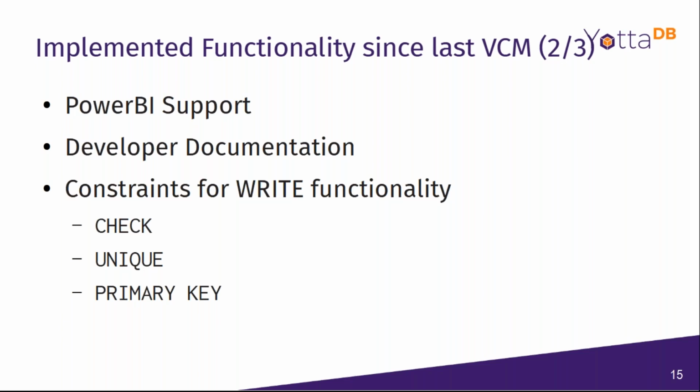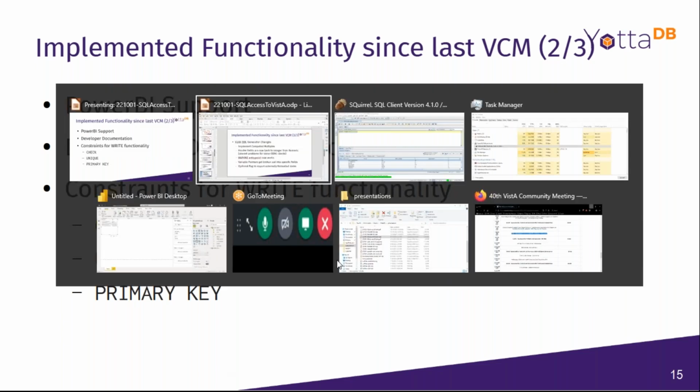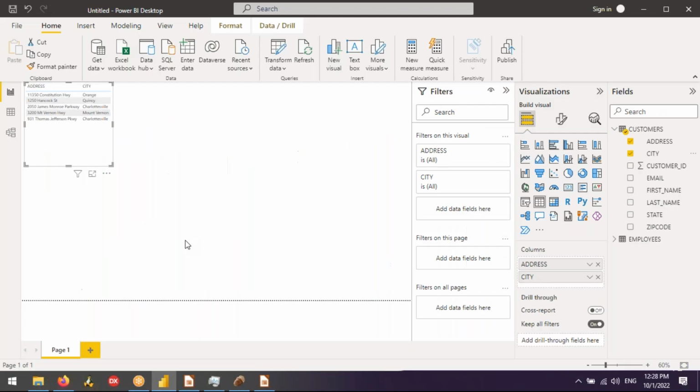So we tried working with Power BI, and results have been promising, but we've had a lot of things to work through. I am pleased to report today that Power BI is getting there. So I'm going to go to Power BI now.